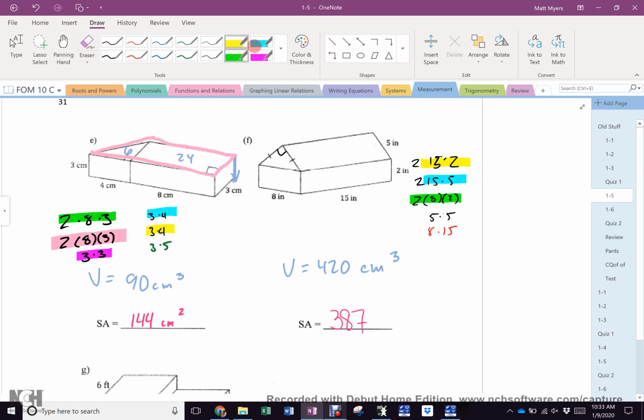Well, again, doesn't this shape repeat to back there? Right? So what is this area? Well, that's 8 by 2, which is 16. And that's 5 by 5 divided by 2, which is 12.5.